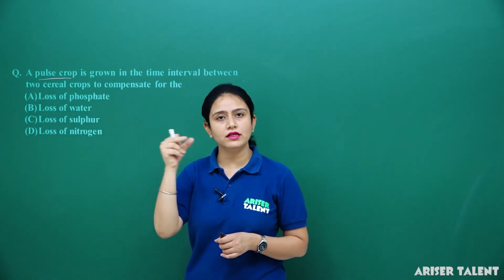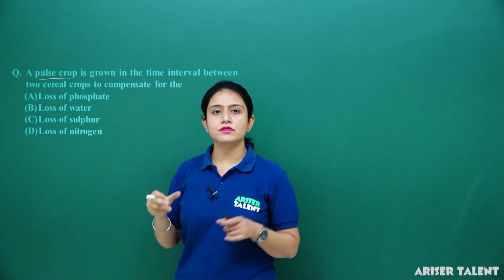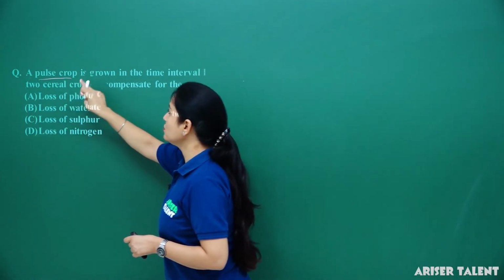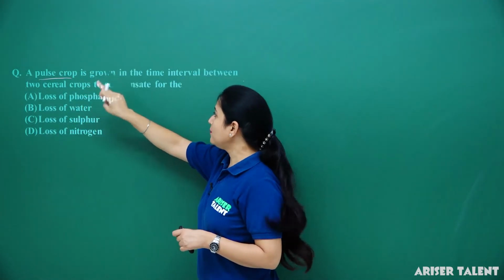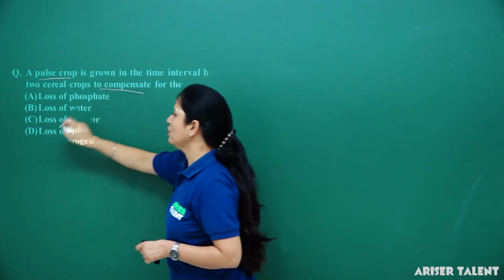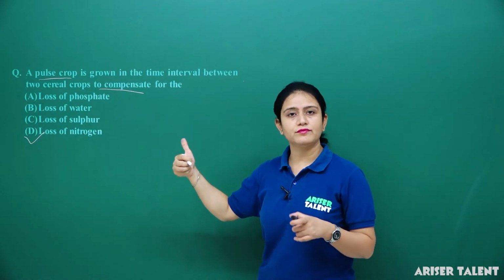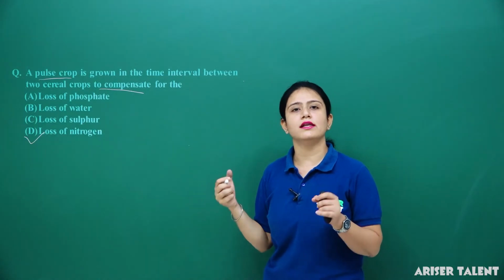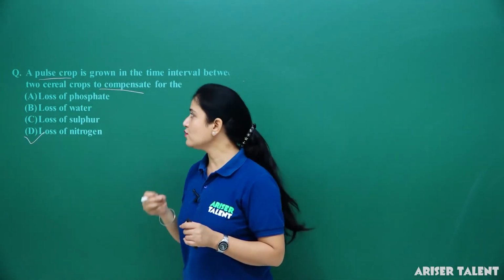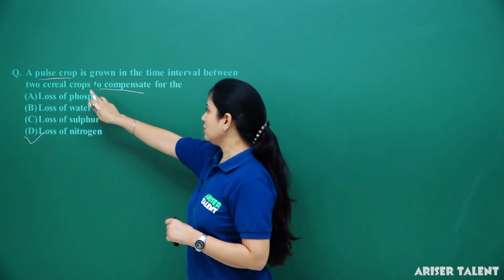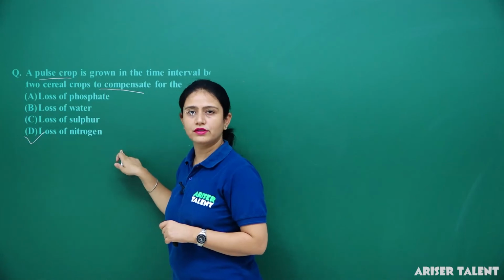So we know that in the roots of legume crops generally nitrogen fixation bacteria is present. So why are they grown? The pulse crops are grown to compensate loss of nitrogen. Why? Because pulse is a leguminous plant and leguminous plants have rhizobium bacteria in their roots. Clear? So they are grown to compensate loss of nitrogen.